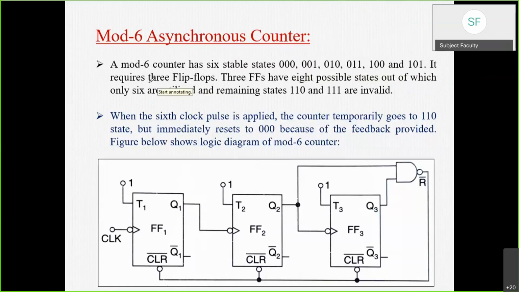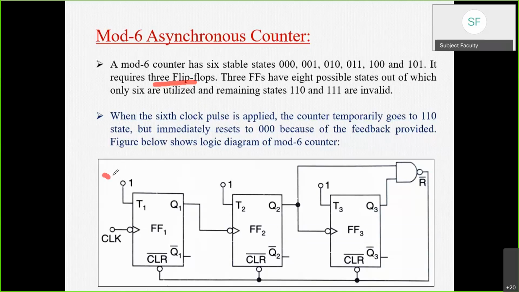It requires 3 flip-flops, because you have to count up to 6, so a 2-bit asynchronous counter will not be used. A 2-bit asynchronous counter has 2 flip-flops, a 3-bit asynchronous counter has 3 flip-flops, and a 4-bit asynchronous counter has 4 flip-flops. We already know that. Now it requires 3 flip-flops.